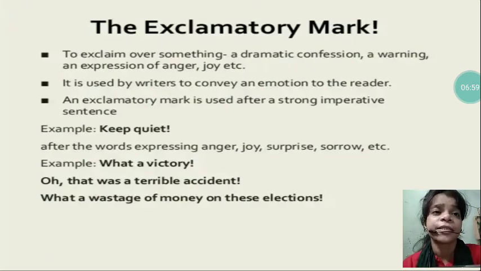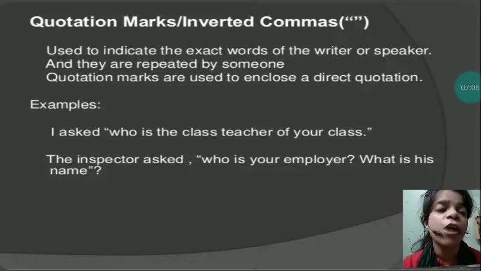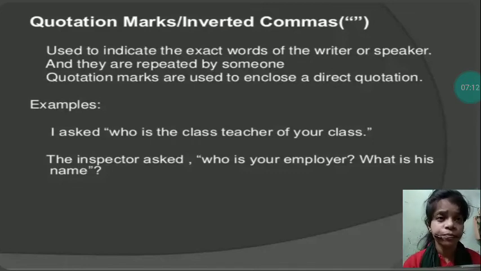Next one is quotation mark. You can also call it inverted commas. Why do we use quotation marks? Whenever we have to indicate the exact words of the writer or speaker, then we use quotation marks. Like see: I asked, "Who is the class teacher of your school?"